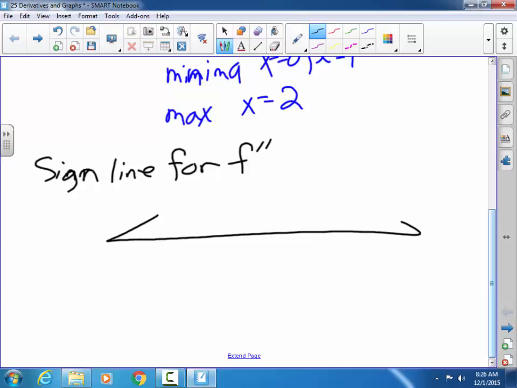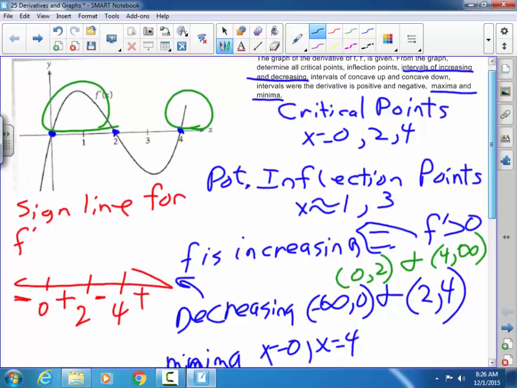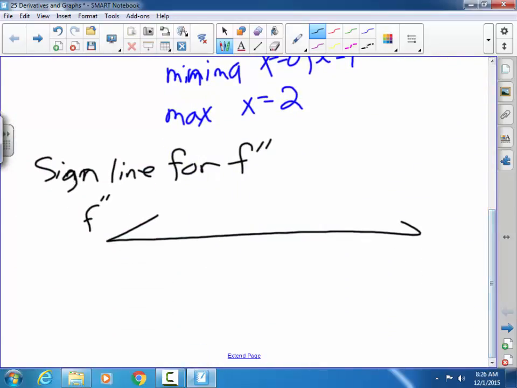Well, we already talked about where the second derivative was. We've got potential inflection points at 1 and 3 because the second derivative is 0 at those two places that I just circled in black. So we can go and put those on our graph, 1, 3, just like before.